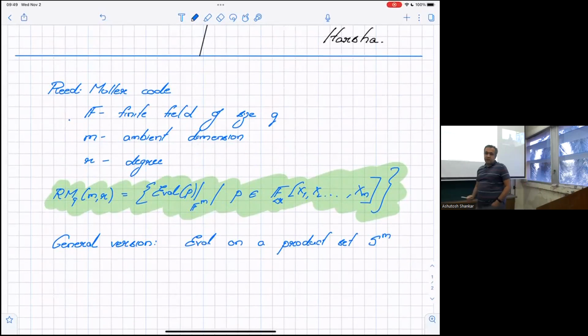You can study these. The distance bound from Schwartz-Zippel also holds good on this, therefore the evaluation on this is also a good code.